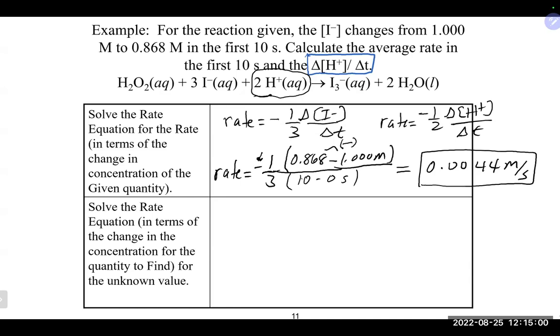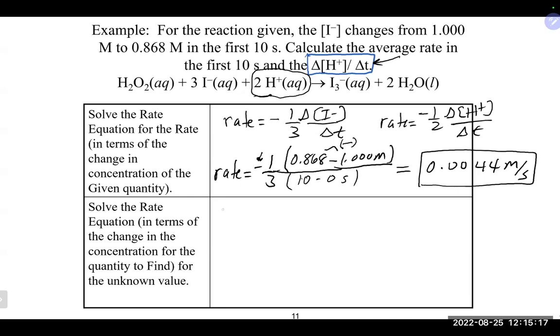Again, not instantaneously at a particular period of time, but over the long haul, that is basically what it is changing. The second part that we're looking for now is the concentration of H plus over time, right? That's what we're looking for.